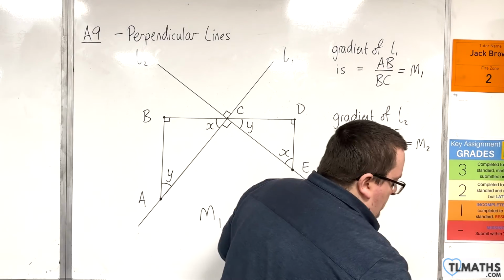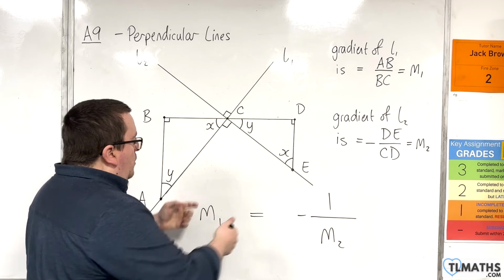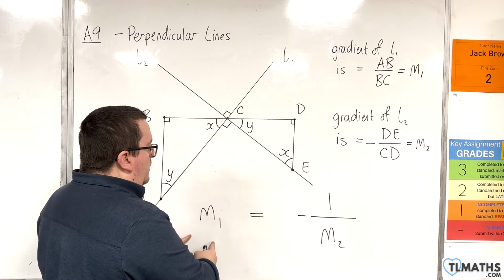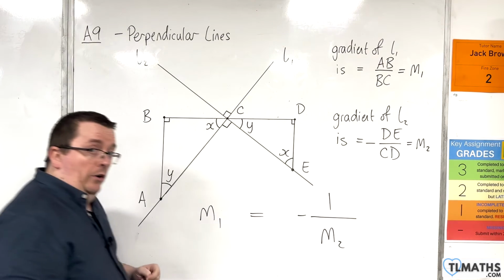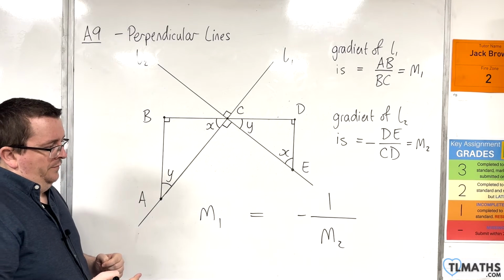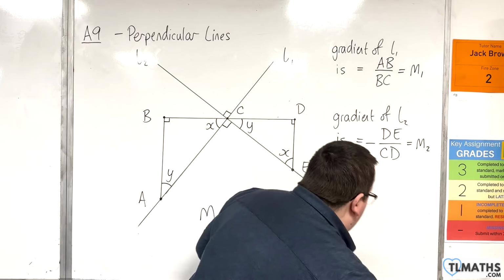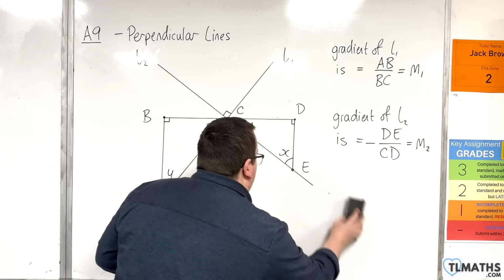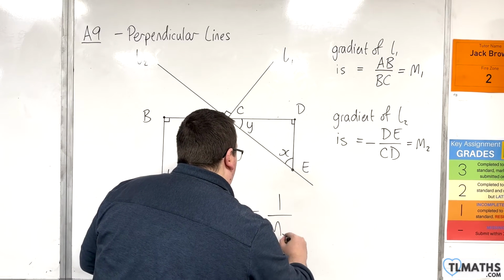So actually, two lines are perpendicular if the gradient of one is the negative reciprocal of the other. And if you multiply both sides, so let's just bring that together a little bit, because it's a bit far apart there, isn't it? Minus 1 over M2.